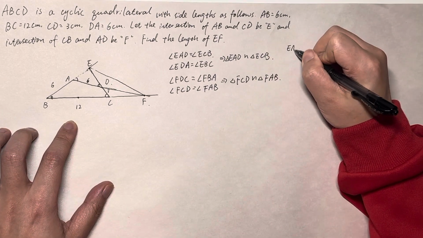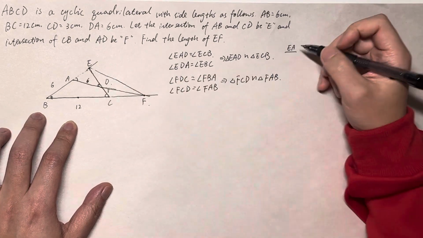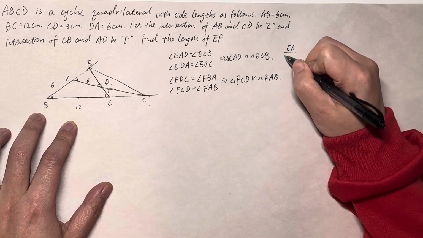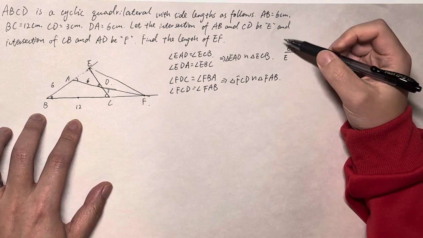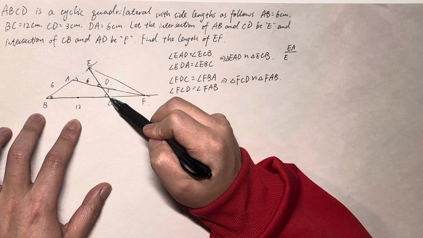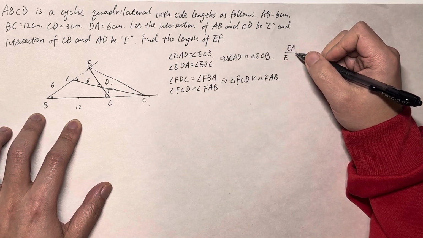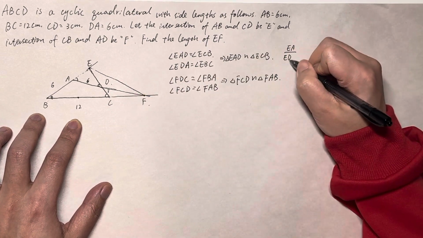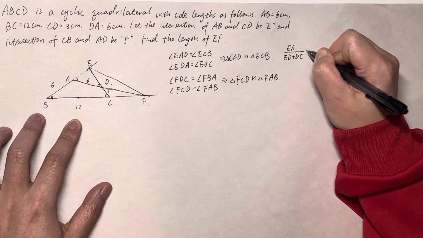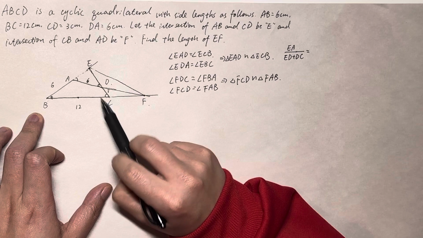EA to EC, which is ED plus DC, equals AD to BC, right?